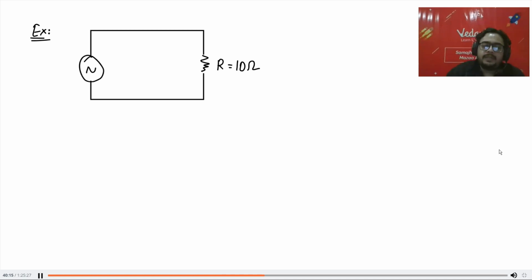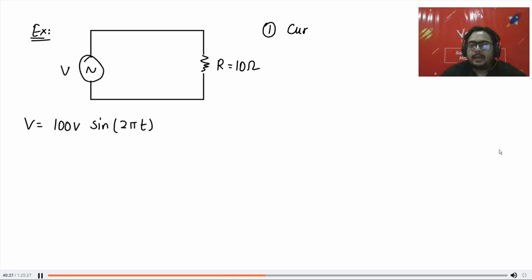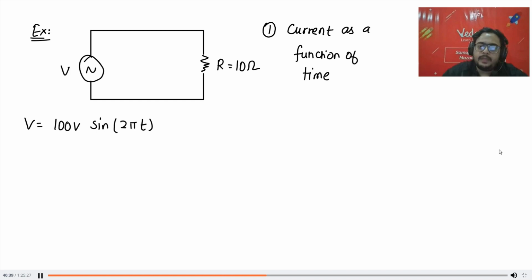Let me say the resistor is 10 ohm and the voltage we have applied is 100 volt sine 2 pi t. What are they asking me? First, the current as a function of time.